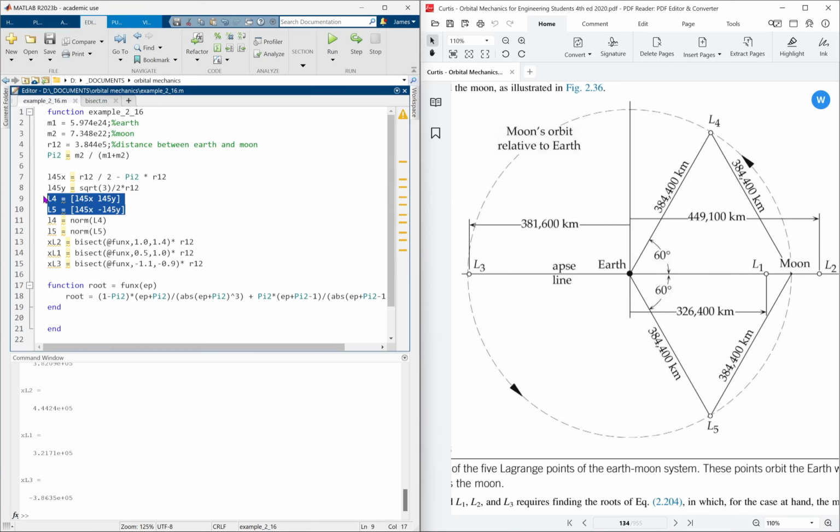And then we can create our vectors there, and for L1, 2, and 3, we can use our bisection method for different ranges within the graph that I showed you, and this results in a value that we multiply by R12 to get your final position on the x-axis, so 1, 2, or 3.